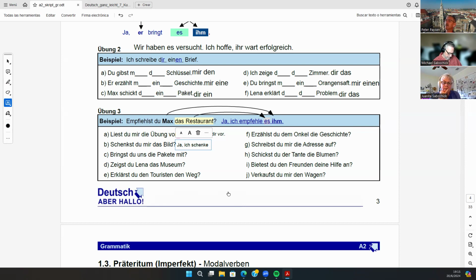Okay, so we have das Bild. If we have, for instance, der Mann, then it would be masculine. Ich schenke ihn dir.